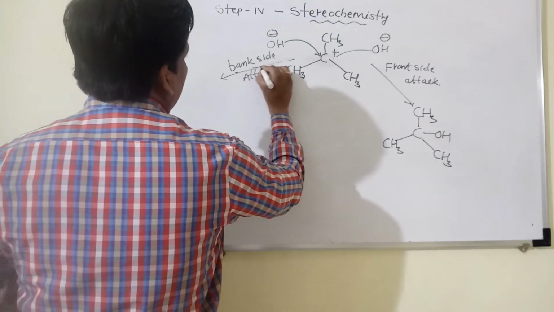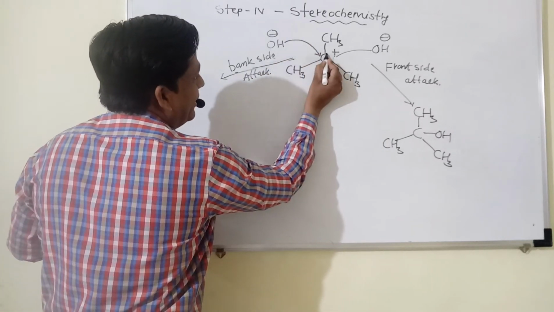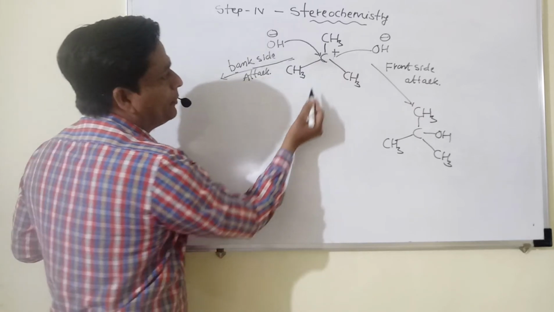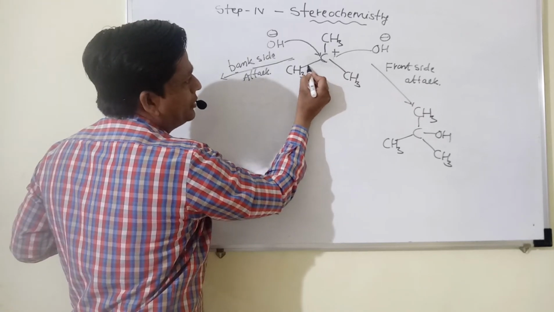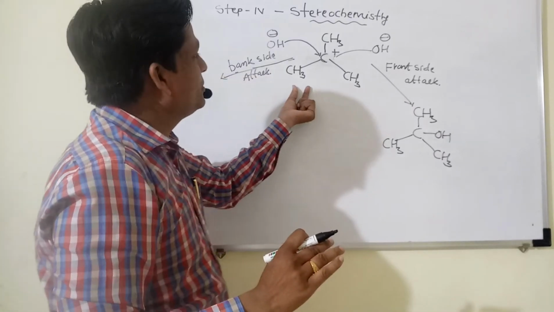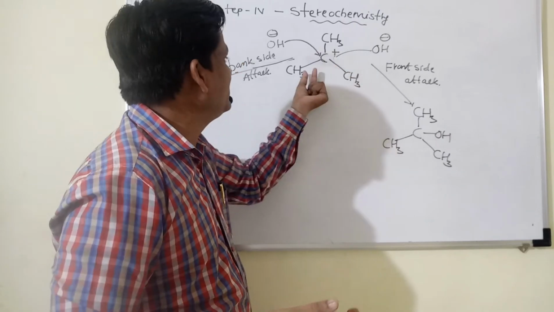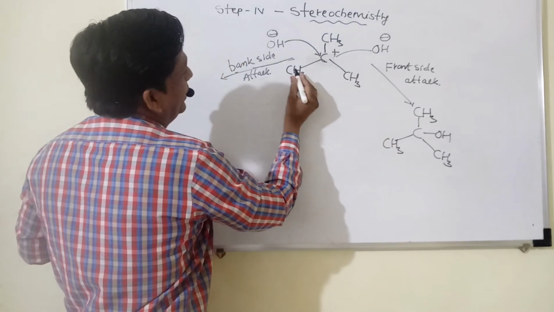But in case of the backside attack, what happens? If the nucleophile attacks here, the position of the CH3 group will be changed. If another group were there instead of this CH3 group, its position would be changed.